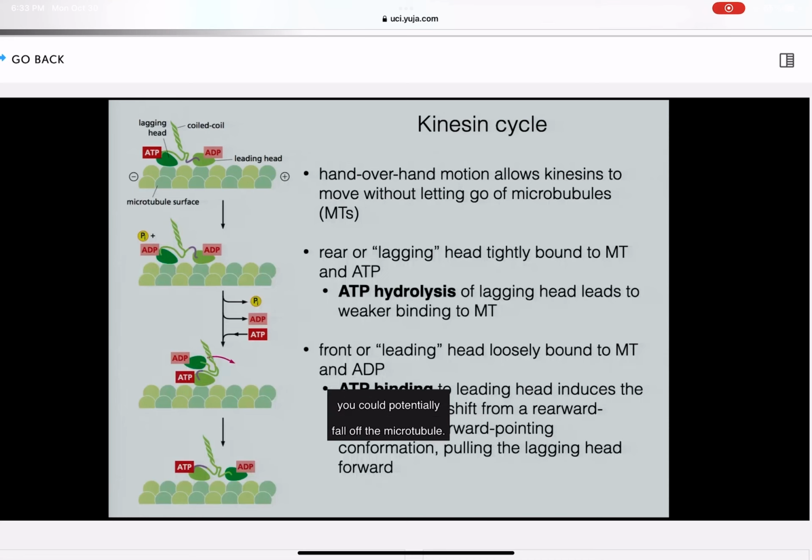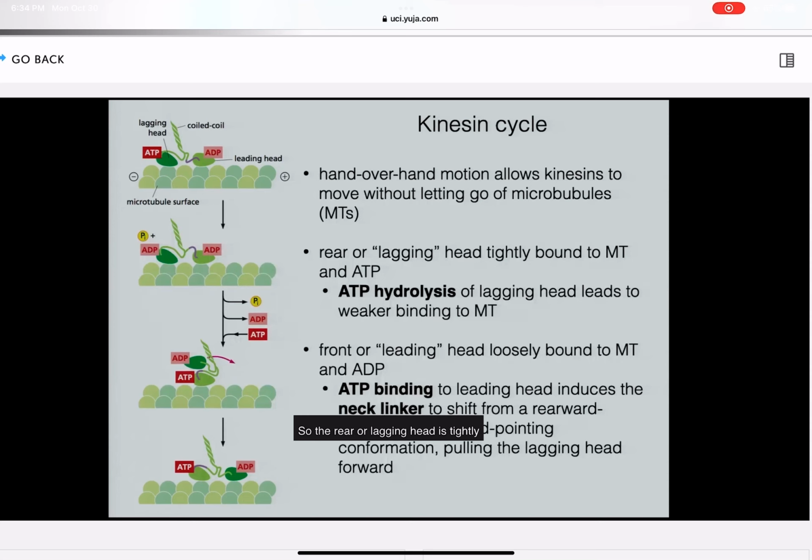Because if you didn't have it that way, you could potentially fall off the microtubule, right? And so you always have to have one hand, or one motor protein head, always touching that microtubule or you'll fall off. And so this is the process denoted here.